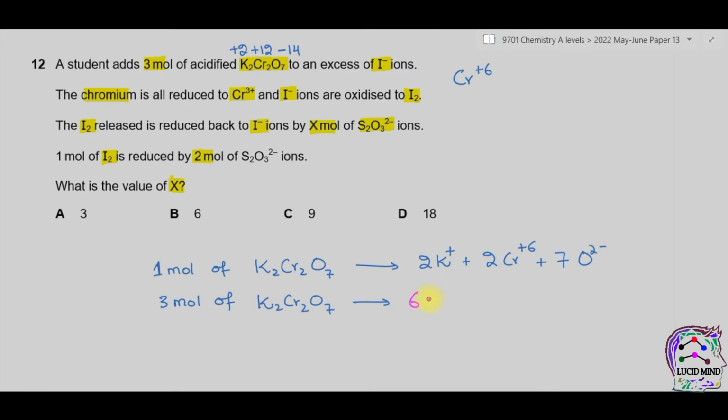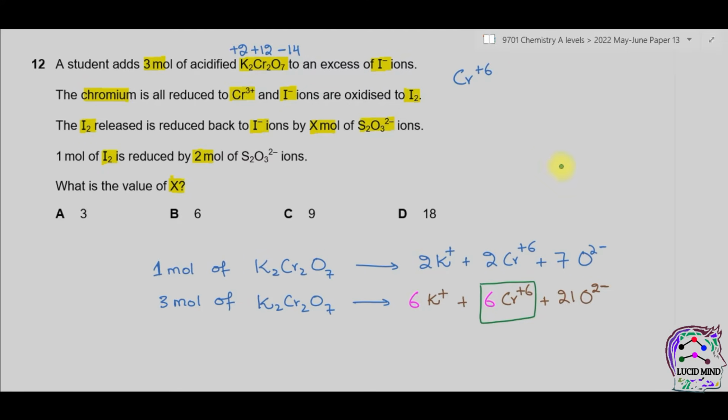Now we have 6 moles of K+, 6 moles of Cr6+, and 21 moles of O2-. Now we can use this value, as in the question it says that it is added to excess of iodide.